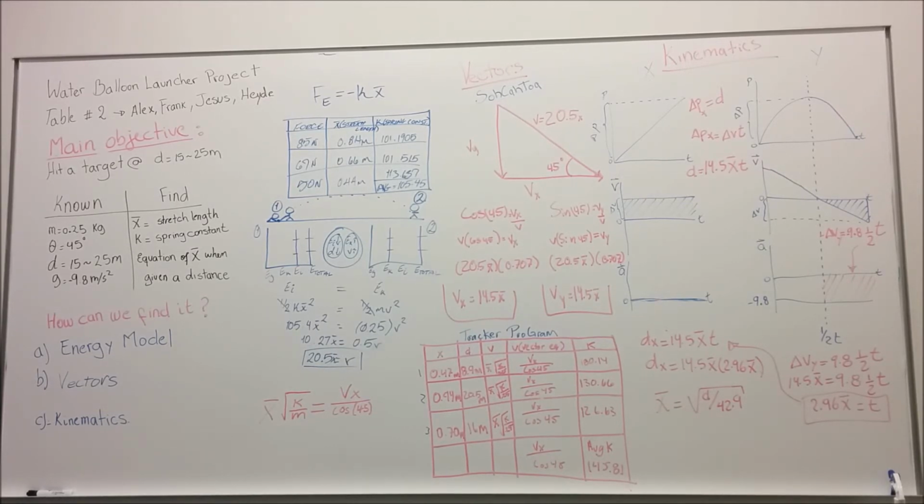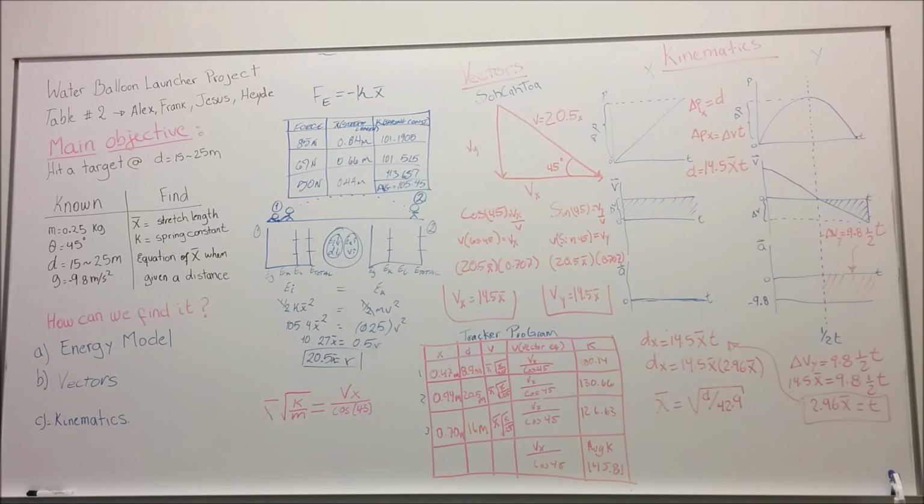In the y direction, we know that gravity, which is 9.8 meters per second squared, is acting on the object constantly in the negative direction. We also know that the area under the acceleration graph equals change in velocity, or delta v.